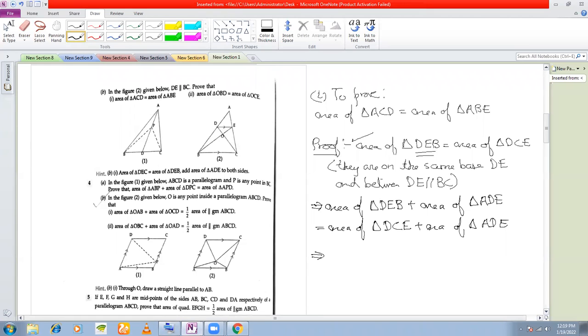So now, to this triangle, I'm adding what area? DEB. So what is the sum of these two areas? What is the triangle that I'm getting here? ABE, right? And to DCE, if I add ADE, what is the triangle that I'm getting? ACD, right?